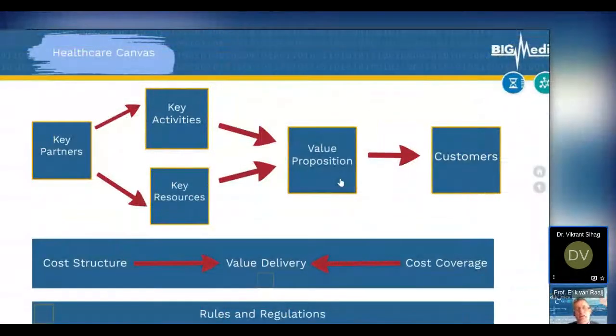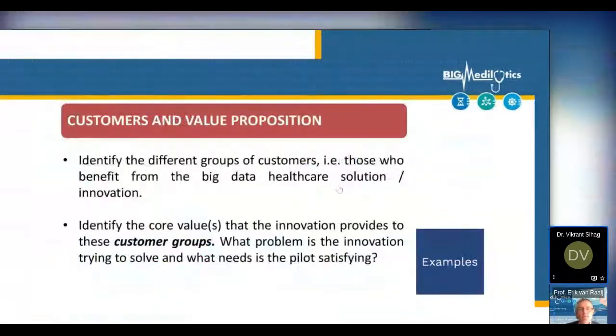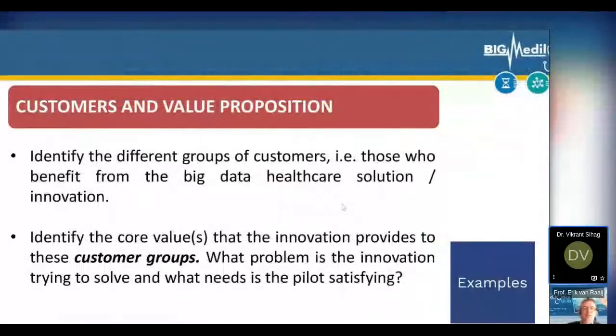And as I said, the value proposition is very tightly linked to the customer groups. So it makes a lot of sense to look at that next. And so looking at the second bullet point here, we asked all the pilot teams, please identify the core values that the innovation would provide to these customer groups.